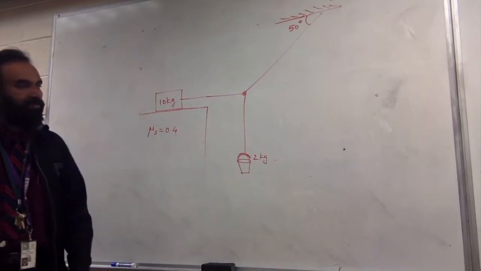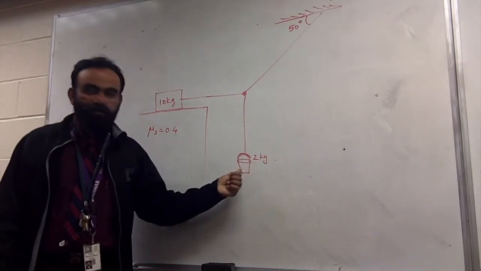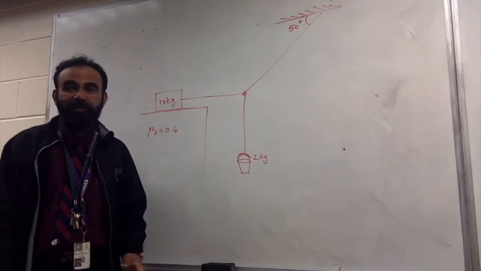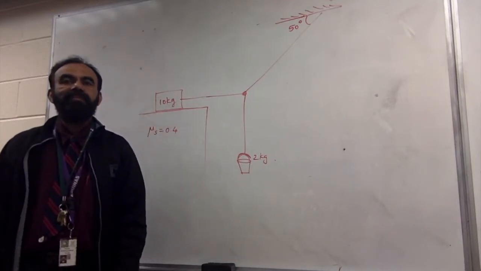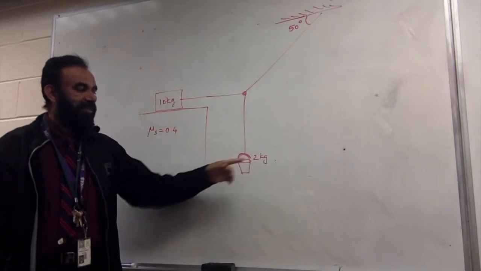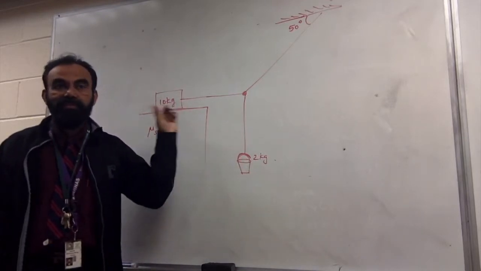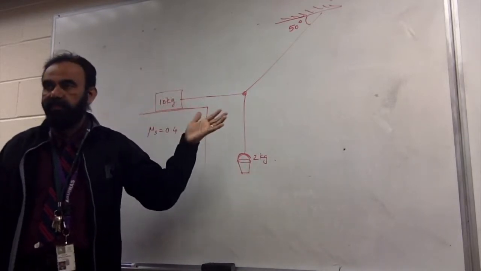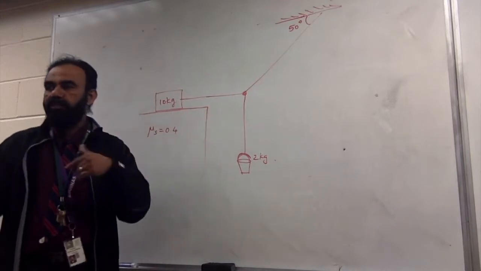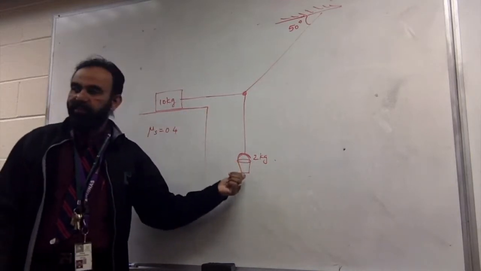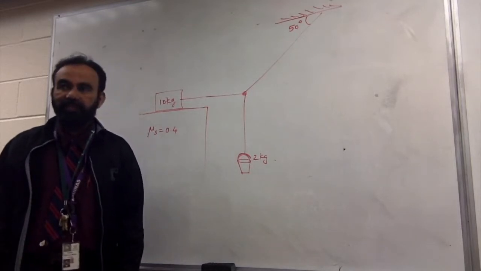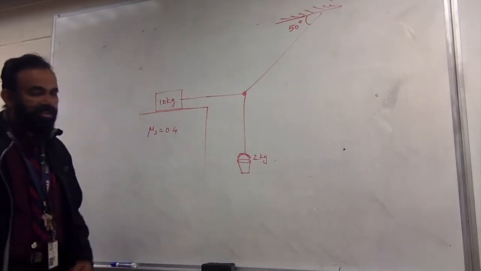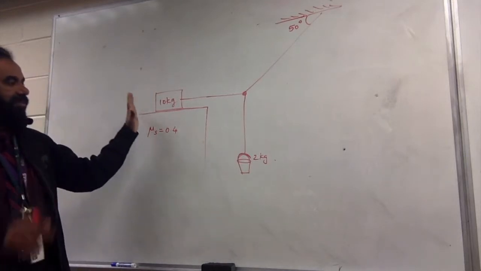Because this 2 kilogram bucket, I don't know if it is enough to make it slide. I'm just expecting that this 2 kilogram bucket is not going to influence the movement. Now, the question obviously is, how much sand do I need to put here in order to get it just started? You get it? Just started, meaning nothing is happening right now.